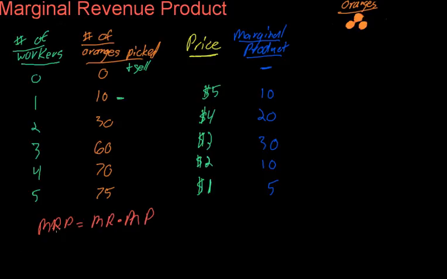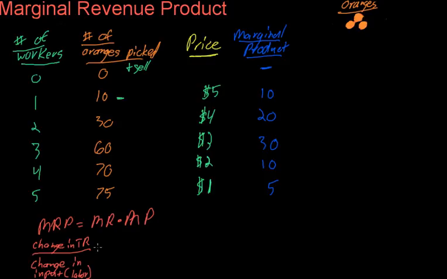And so I want to explain that a little bit more. Marginal revenue product is the change in total revenue divided by the change in an input, and in our case that input is labor.